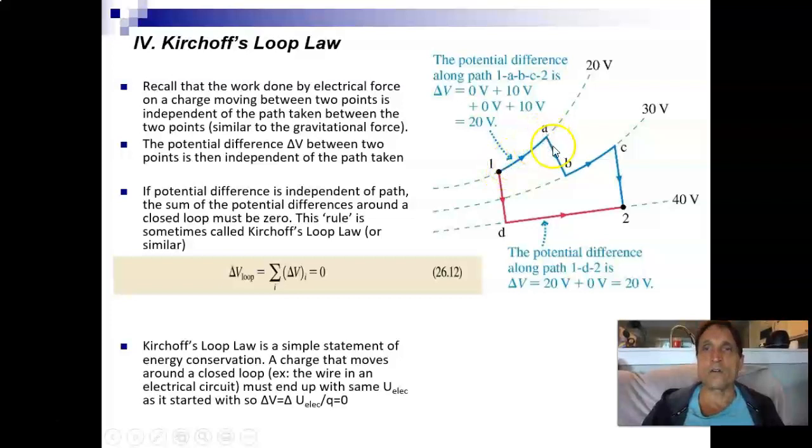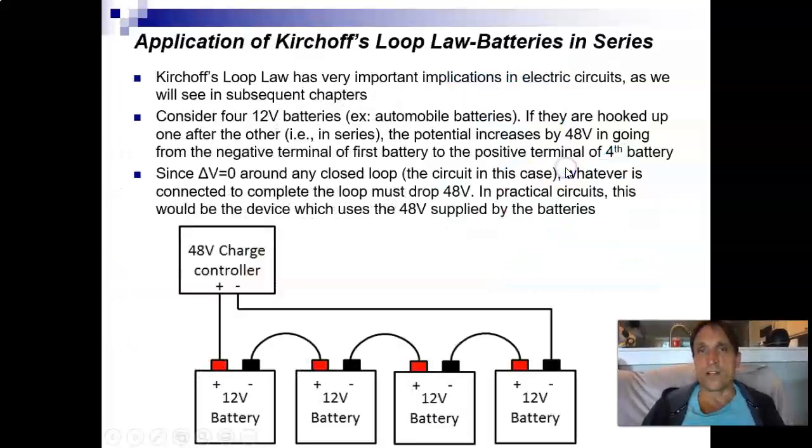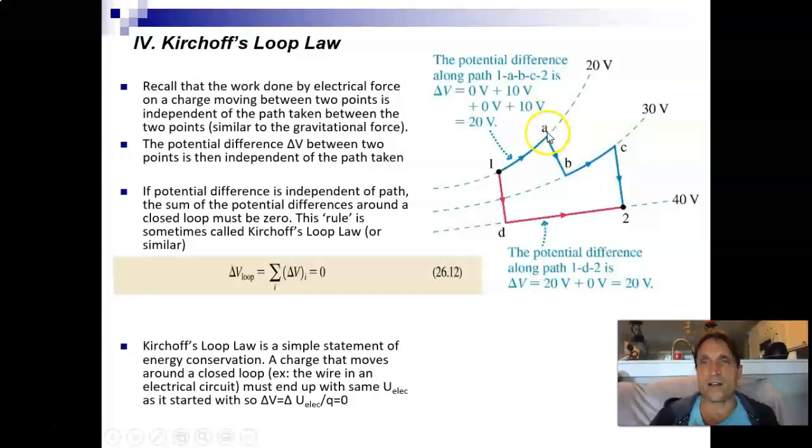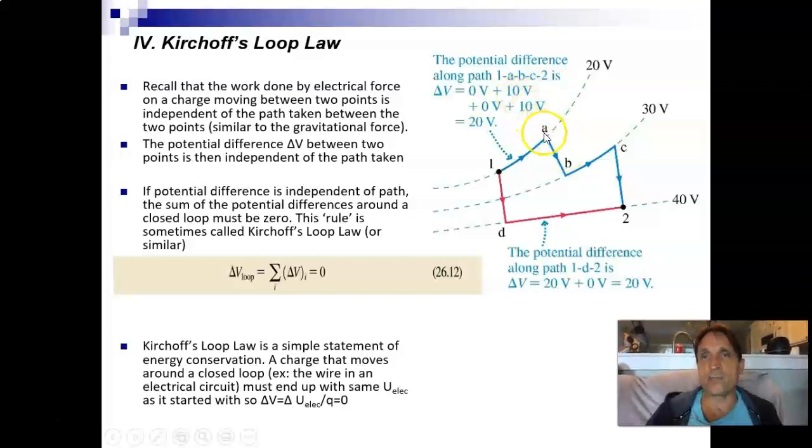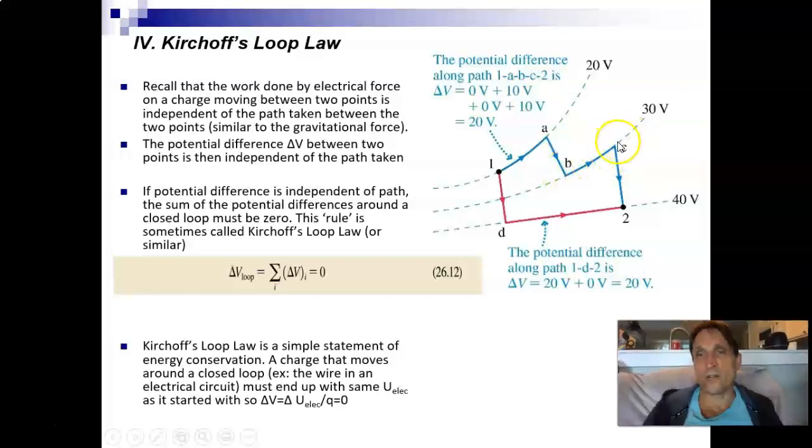Because it's going along the same potential. Now it goes from A to B. So in other words, it's going against the field. It's going from lower potential to higher potential, from 20 volts to 30 volts, and so the change in potential is plus 10 volts. Now it goes from B to C. It's riding the same equipotential, so delta V is 0.